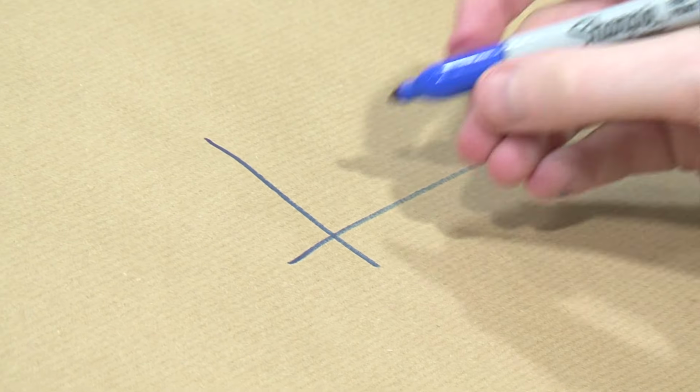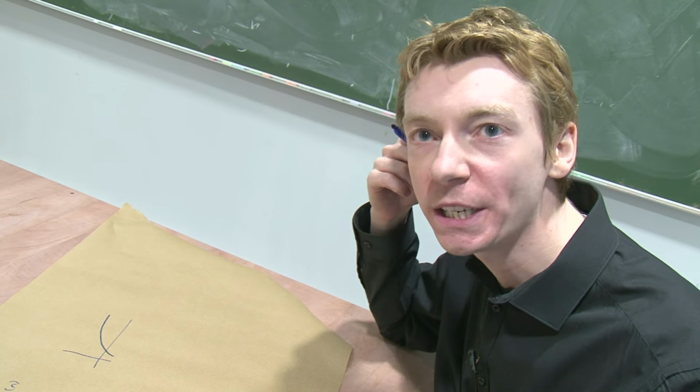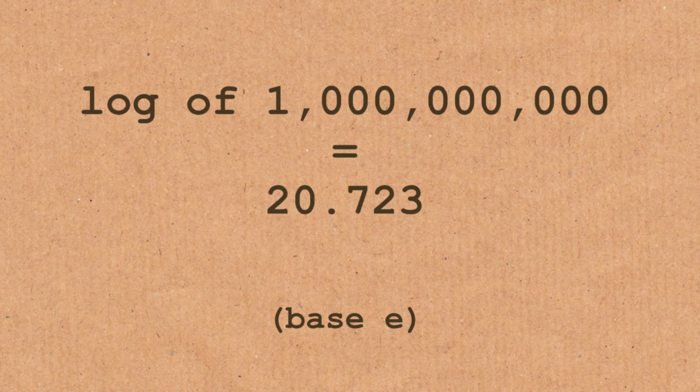If I plot log of x, it looks like this. This is actually growing, but it grows really, really slowly. I think the log of a billion is 21. So you put in a big number and you're getting a very small number out. It's always getting bigger. It's actually tending to infinity. One more thing to say.